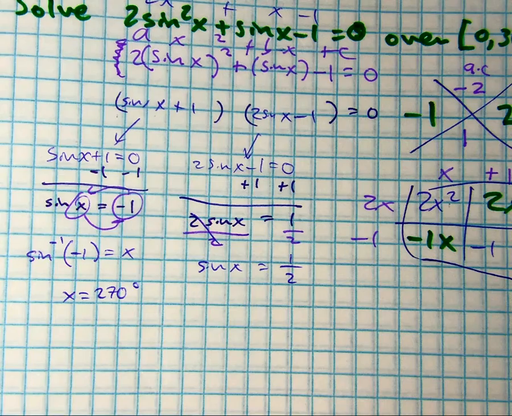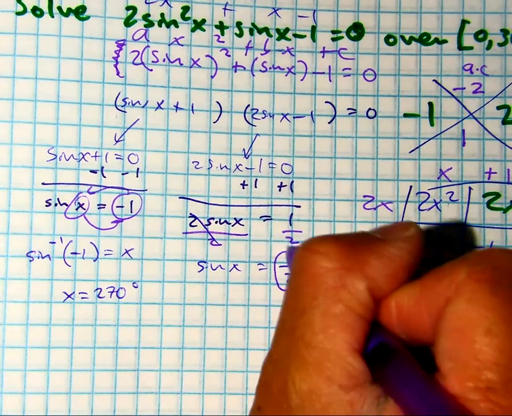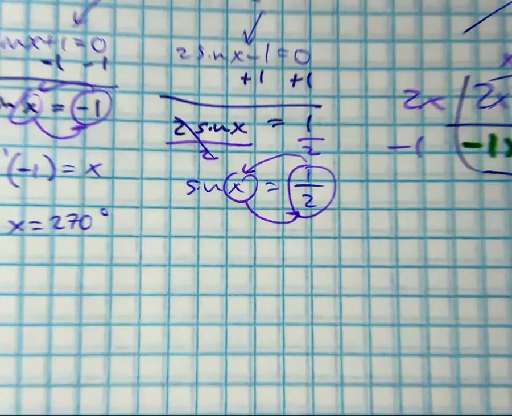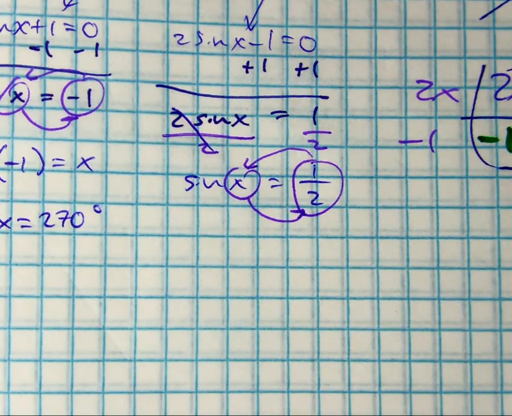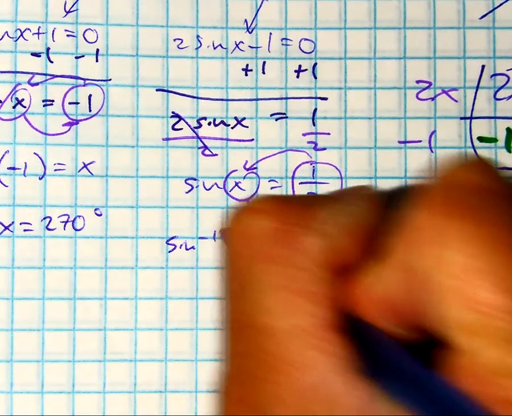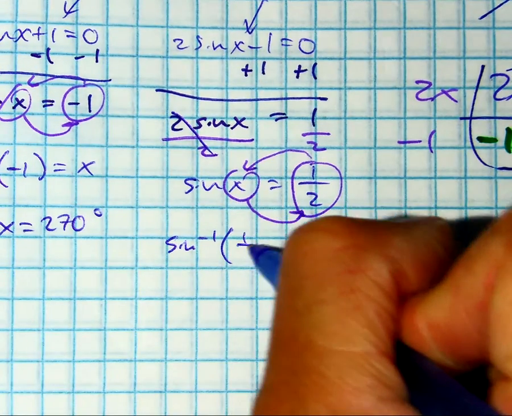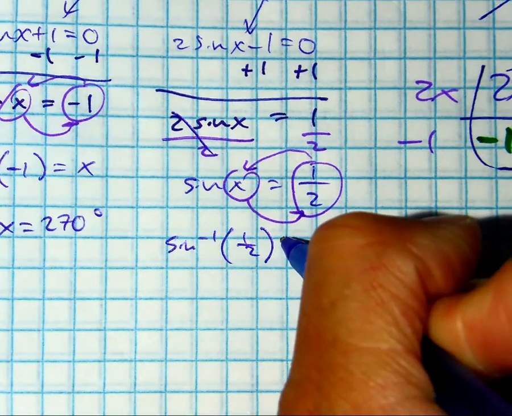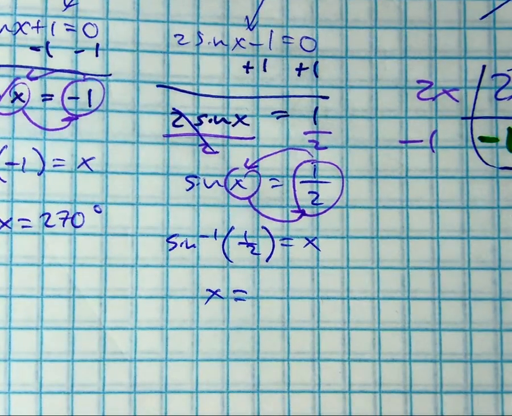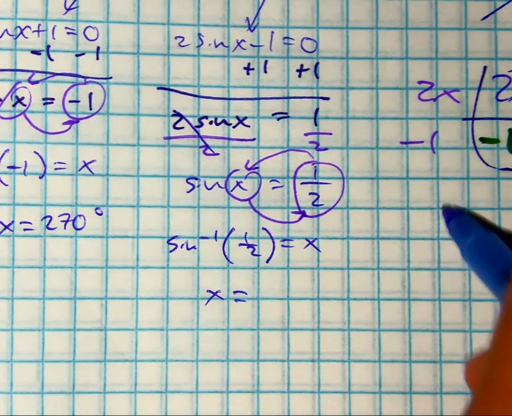You do the inverse sine. Tell me what to write. Sine inverse of 1/2 equals x. Nelson, where is sine positive? Quadrant 1 and 2. Correct.